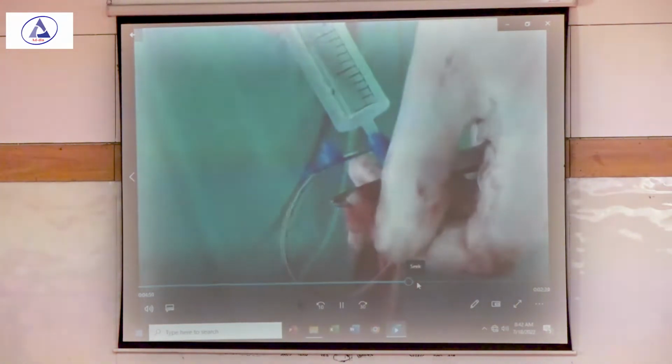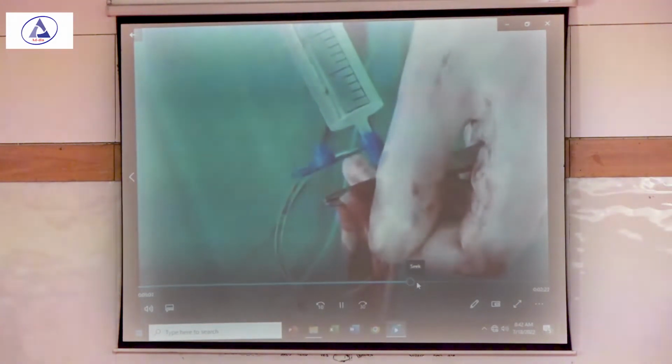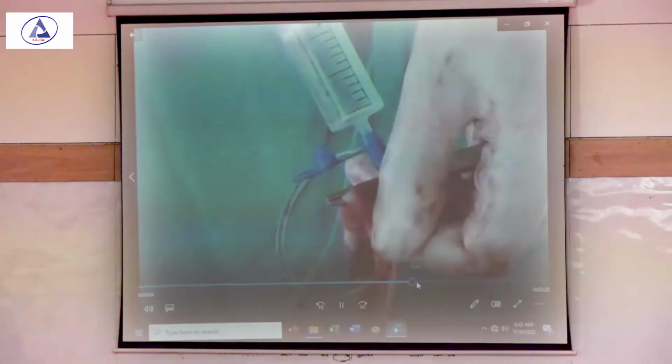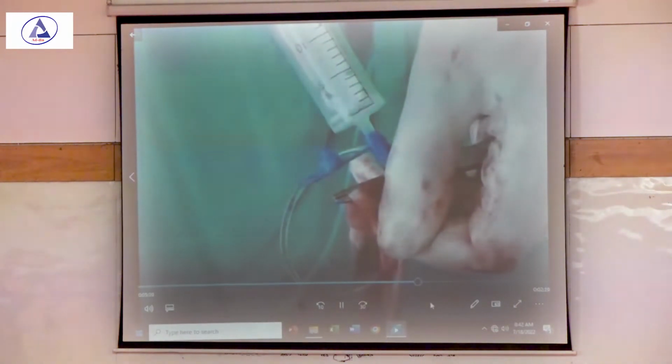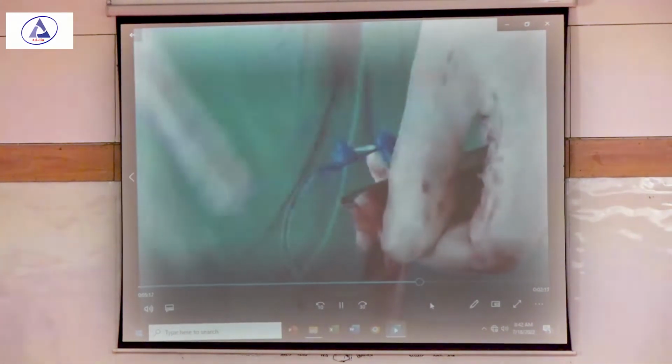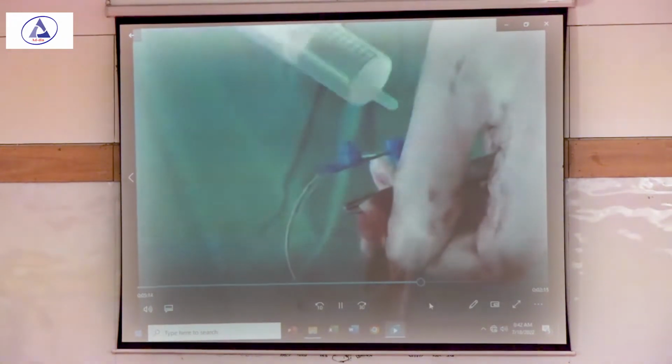This is one of the managements to start uterine contraction: pushing diluted oxytocin directly into the umbilical vein.